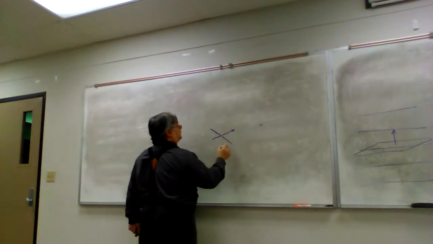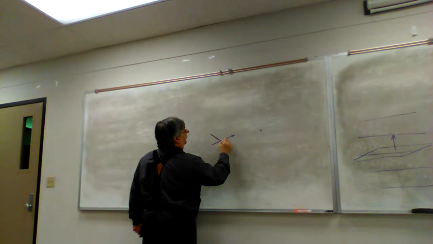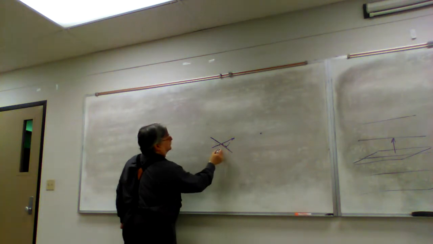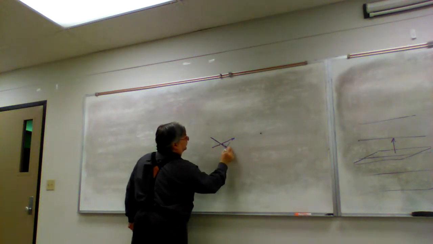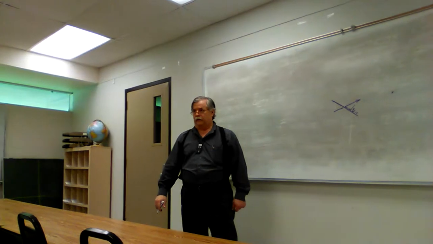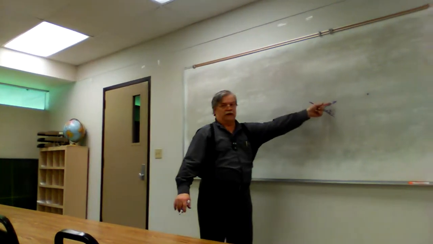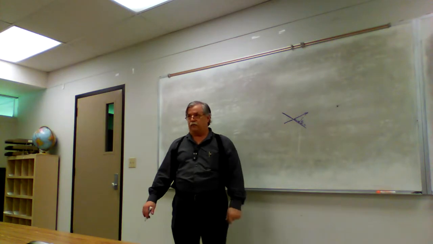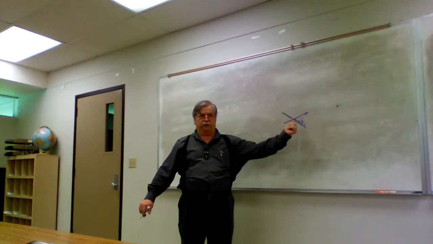So, if we break this down, this E field vector has this component parallel to the plane. That parallel component of that E field vector is not passing through this unit plane.